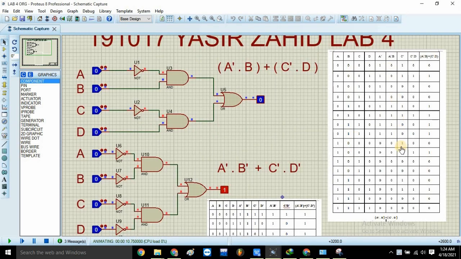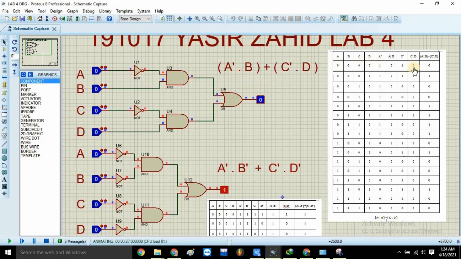So this is the truth table for this circuit, first circuit, which is not of A AND B or not of C or D and D. Sorry. Now what we are going to do is change these input bits here and verify this output right here.